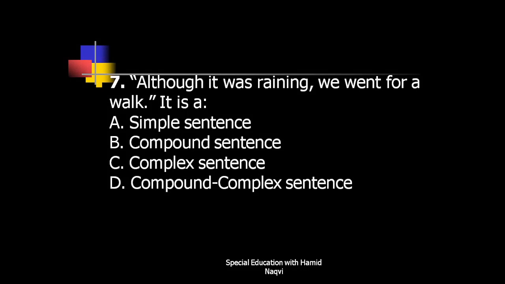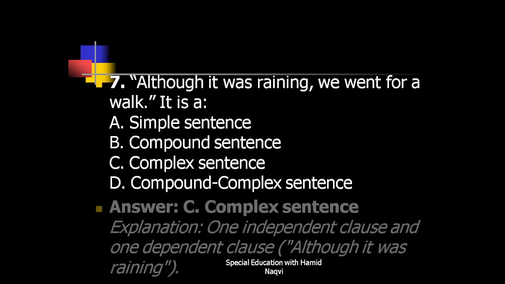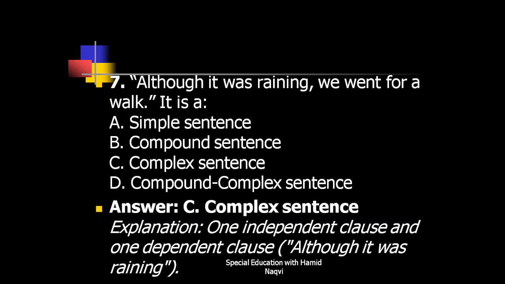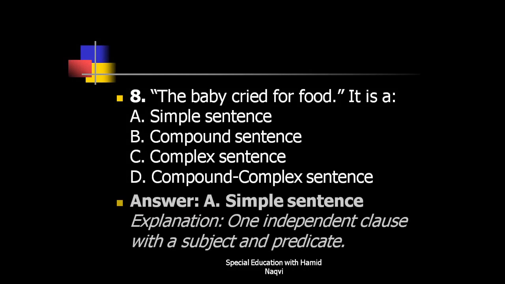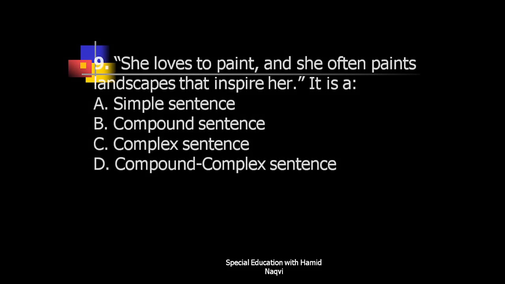Although it was raining, we went for a walk. Which type of sentence is it? Complex sentence. And why is it complex? One independent clause and one dependent clause. The baby cried for food. Simple sentence, very simple sentence. She loves to paint and she often paints landscapes that inspire her.